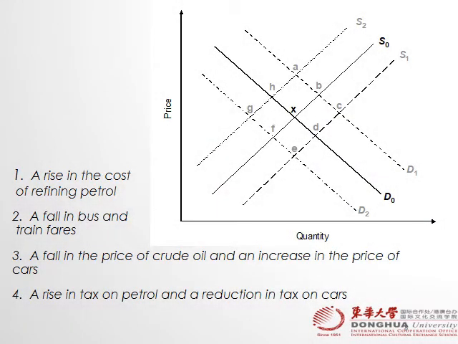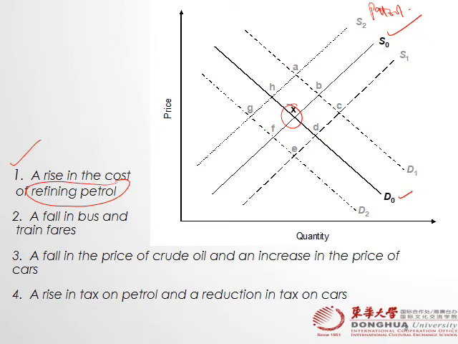As the question mentioned that the market is initially in equilibrium X, it means we have S naught and D naught. Remember, this is the market for petrol. Number one is a rise in the cost of refining petrol, which means the cost of refining petrol has increased.